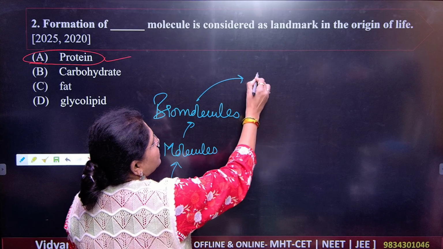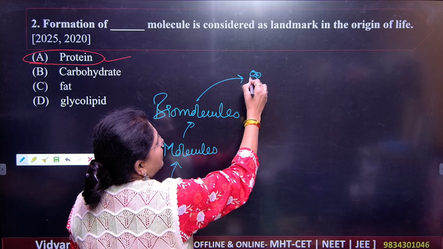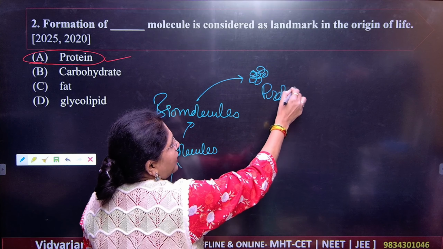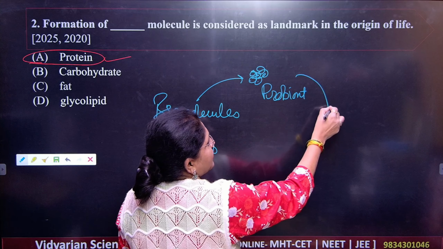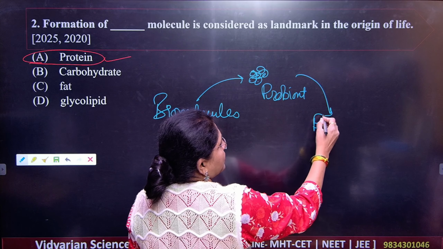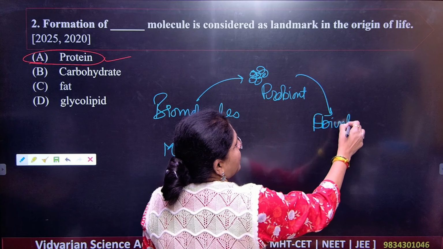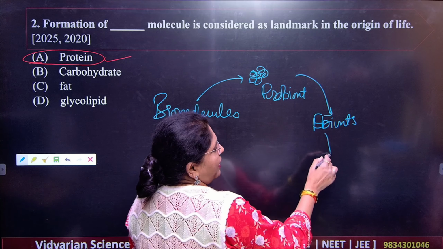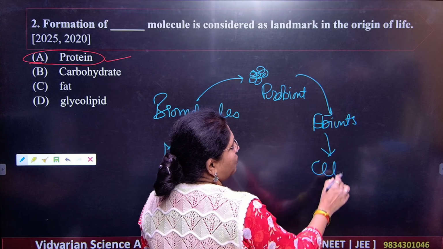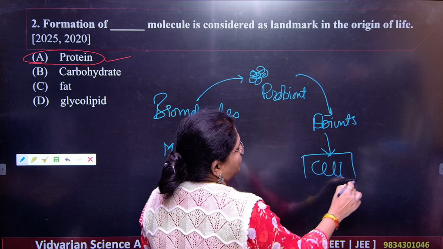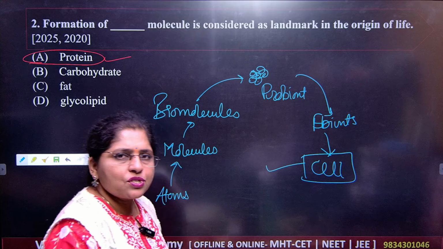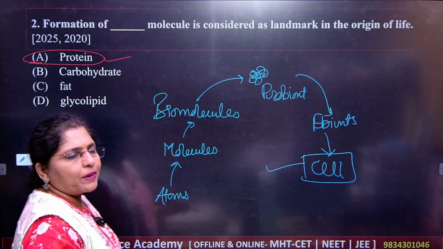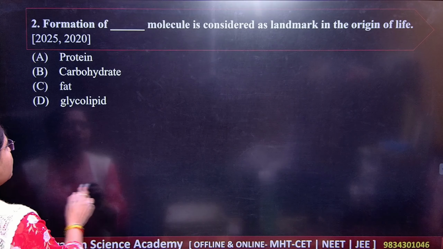Different biomolecules and aggregates came together to give the formation of probions, right? Then probions give the formation of eubions. In between there are coacervates and all, right? And after eubions, we get the formation of the cell. So this journey should be very familiar to you, so that you will remember all the steps here.